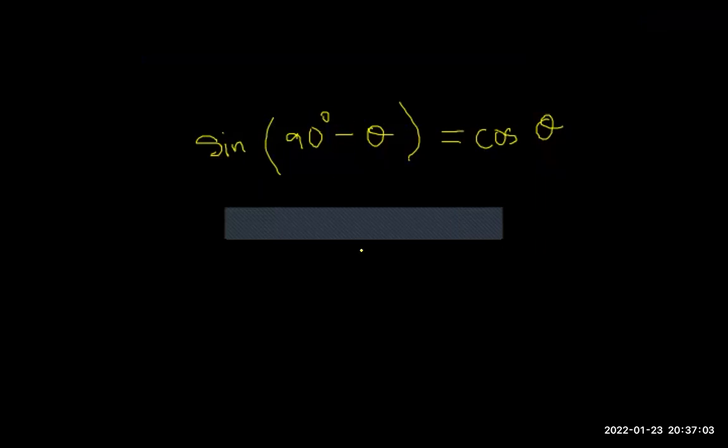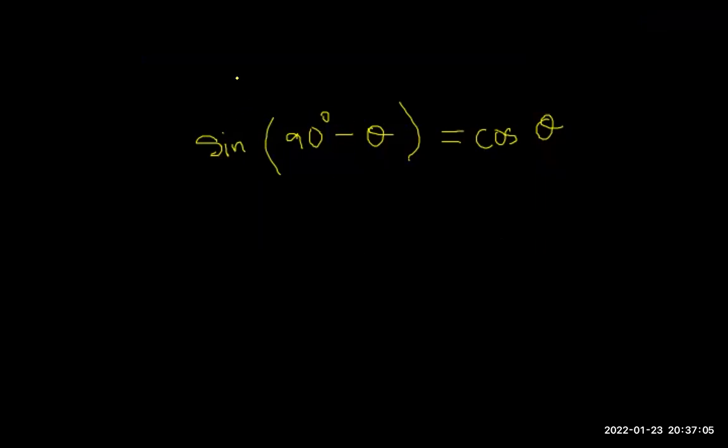All right, let's continue. So just like I said, sine of x, that's when my angle was x, is equal to cosine of 90 minus x. I can say sine of 90 degrees minus theta, where theta is my angle, is the same as saying cosine of theta.